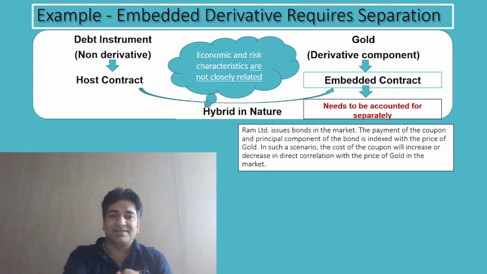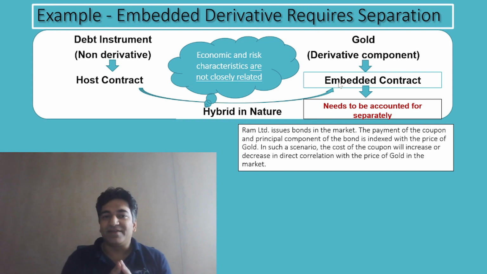So guys, in this example, my bond is a debt instrument, which is a non-derivative contract and it is a host contract. And the payments are linked or indexed with the price of gold. The derivative component is the price of gold and this is my embedded contract.